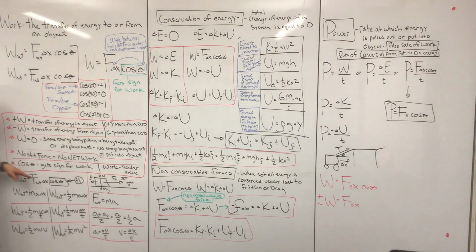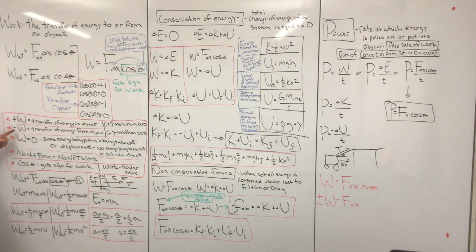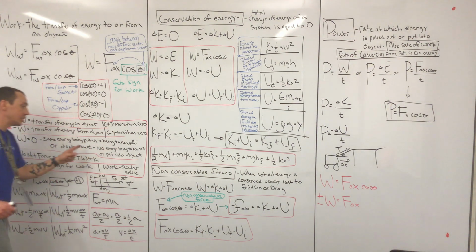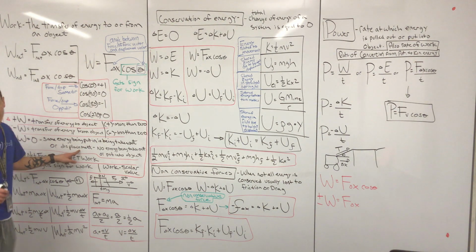What are the concepts that we really need to know and make sure we have in our heads? The first one is that when we get positive work, we're transferring energy to the object. The next thing is when we get negative work, we're transferring energy from the object. And when we get 0 work, the same amount of energy that's being put into the object is being taken out. There might not be any displacement.